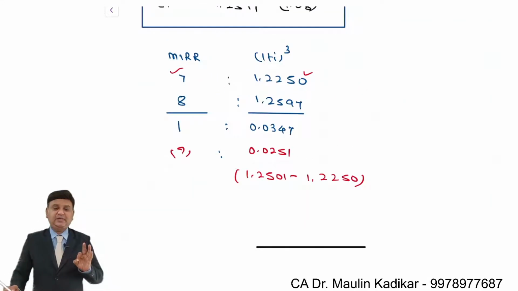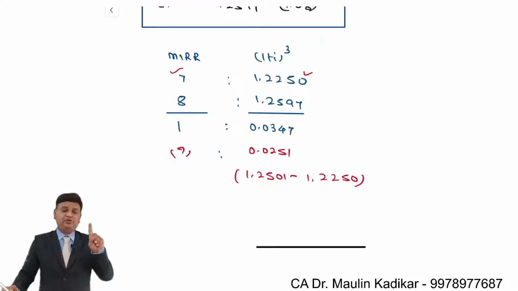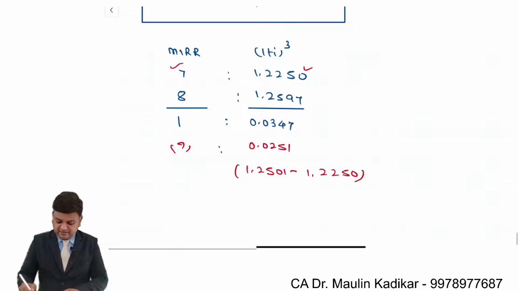So when the cost of capital changes by 1%, the future value changes by 3.47 paise. What must be the change in the cost of capital when the future value increases by 2.51 paise? That is the question.